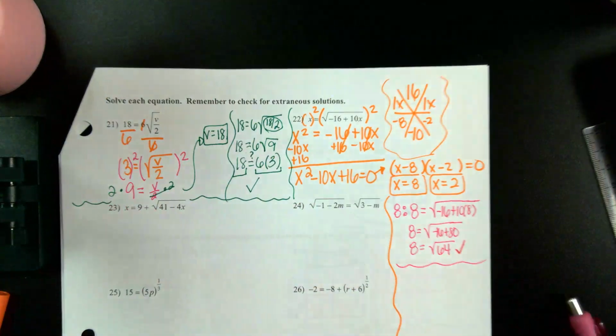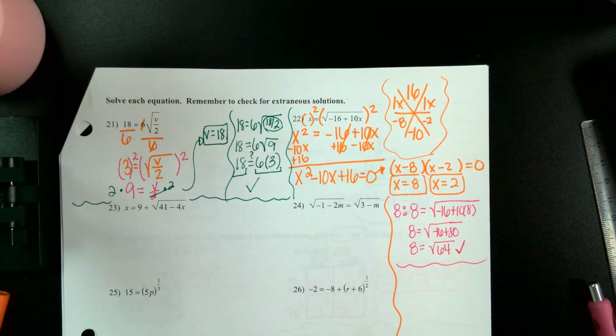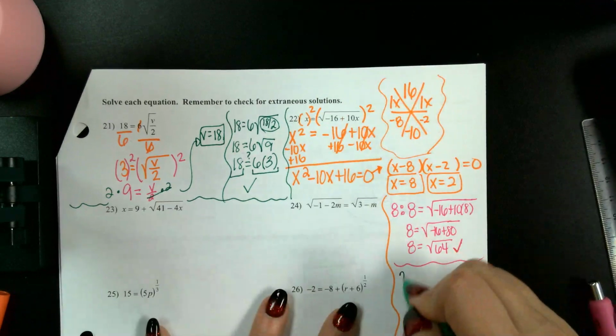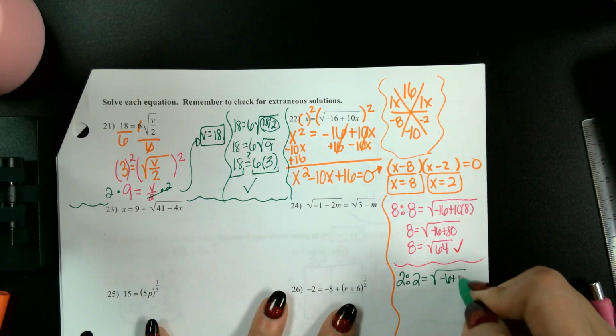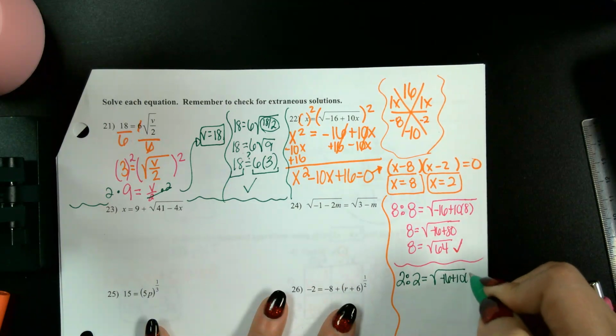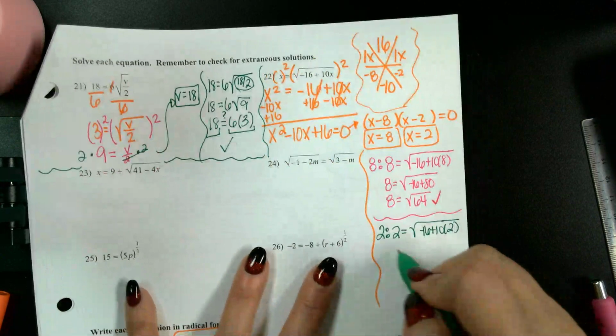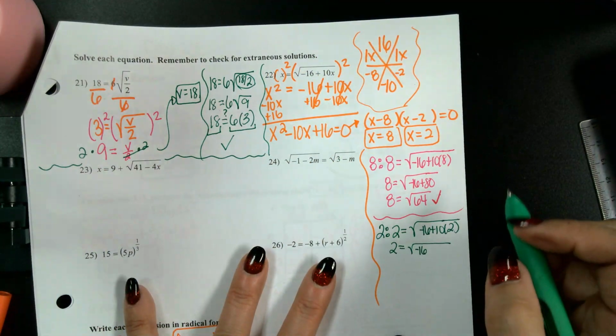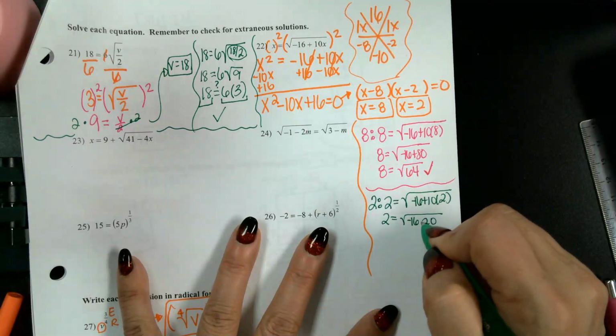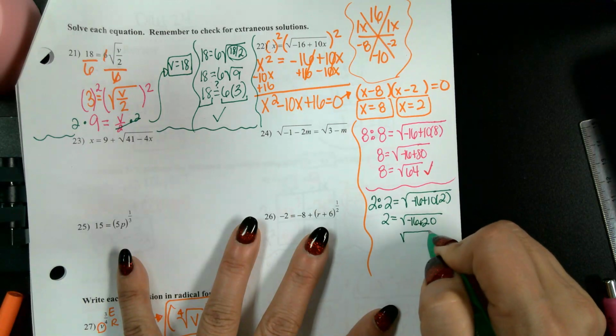So then I need to check 2. Make sure it's not extraneous. So to check 2, I'm now plugging in the number 2. What's 10 times 2? 20. And what is -16 plus 20? 4.